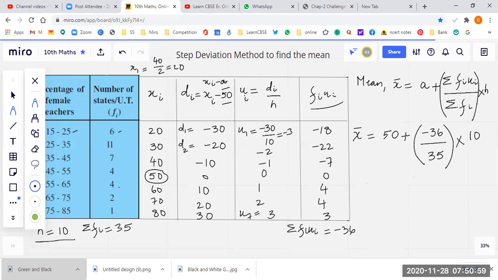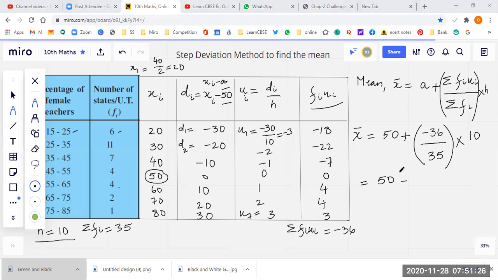So guys, this will be equal to 50, so this will come in minus, so this will be 360 divided by 35.